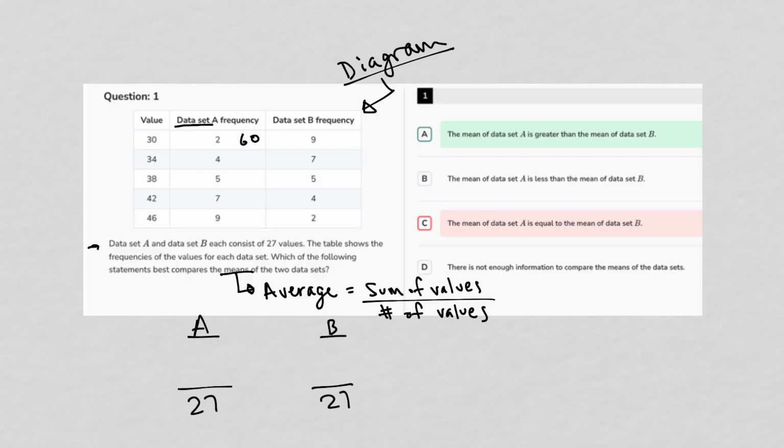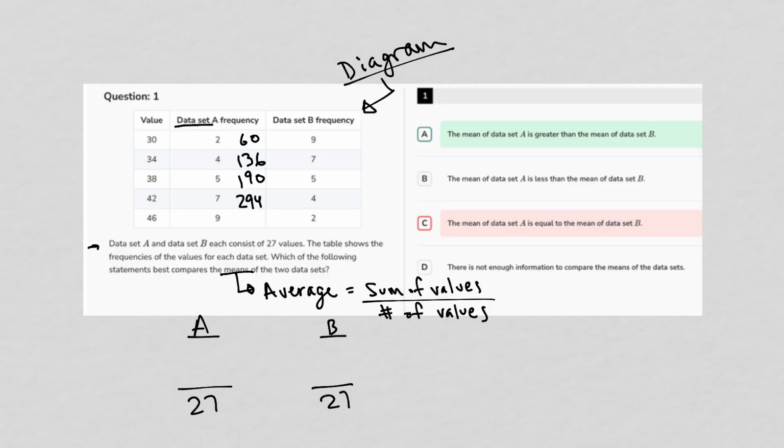I'm going to use my calculator again here. 4 times 34, right? Because there's 4 34s, which would give us 136. And there's 5 times 38, because there's 5 38s. That would give me 190. There's 7 42s, so 7 times 42. That gives me 294.